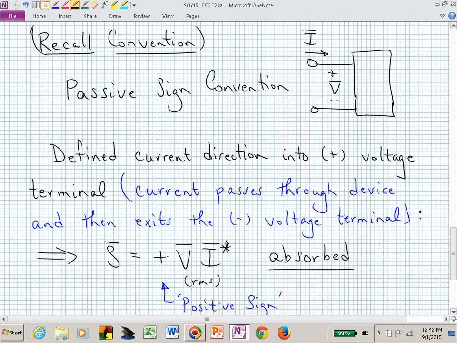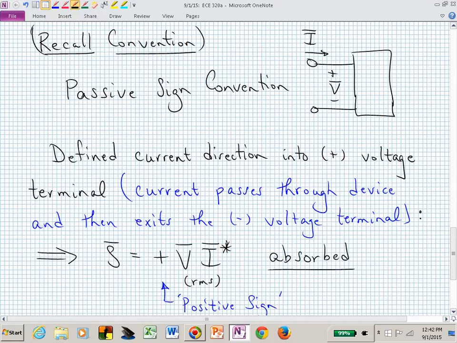Now, we have generalized power in the previous lecture to be equal to this product of volts and currents, but the units have to be RMS, and those are phasors, and we take the voltage times the complex conjugate of the current of that element to obtain the complex power of that element.